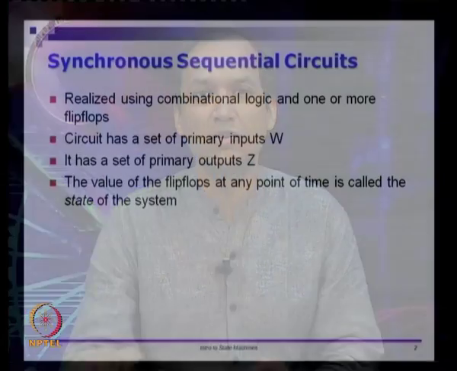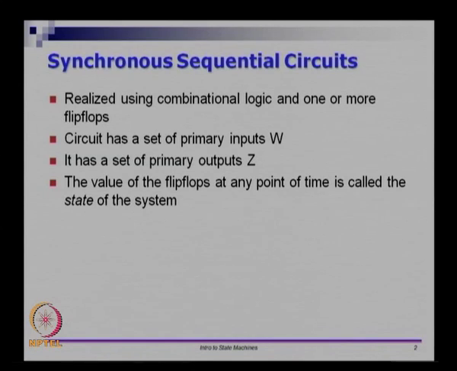If I inspect the circuit at any point of time and see what the values for various flip flops are, I can report that it is at a state which is given by the vector of the values that the flip flops take. Clearly, if I have n flip flops, then I will have 2 power n possible states, so the system can be in 2 power n states.